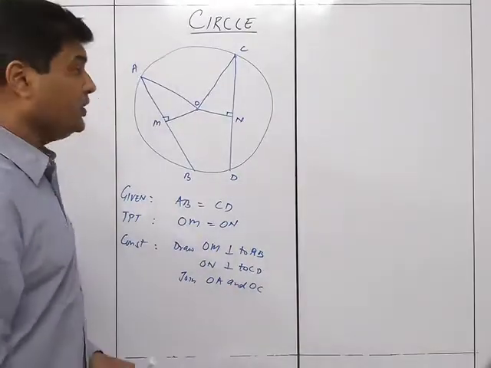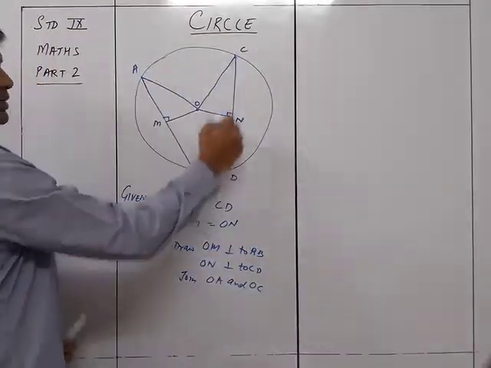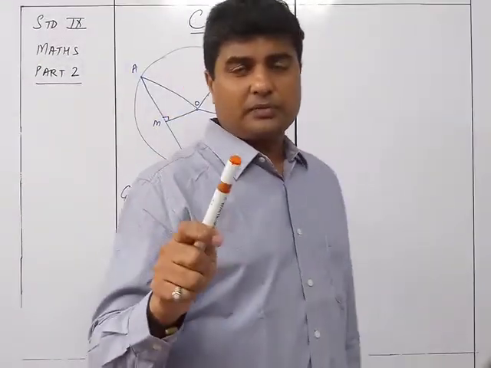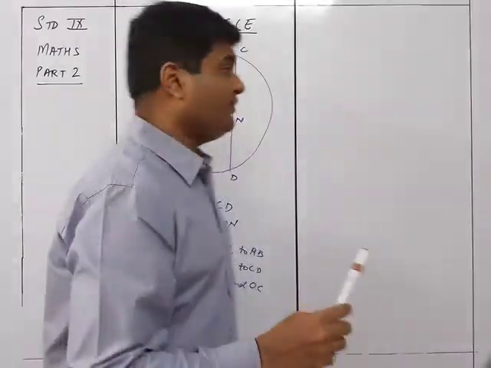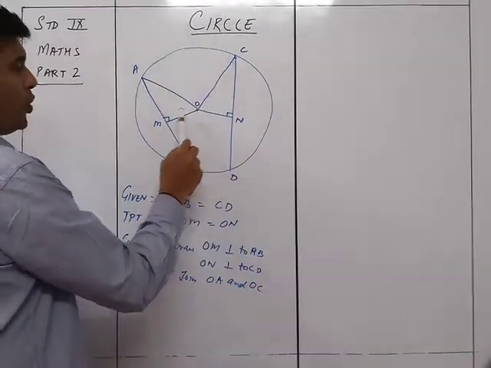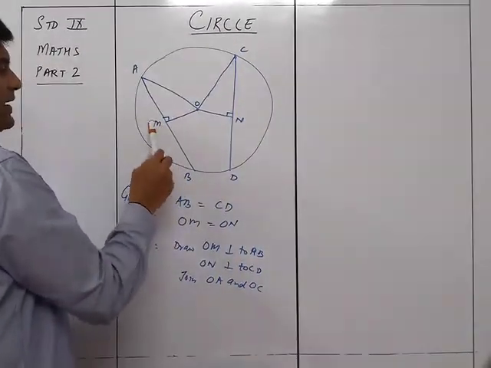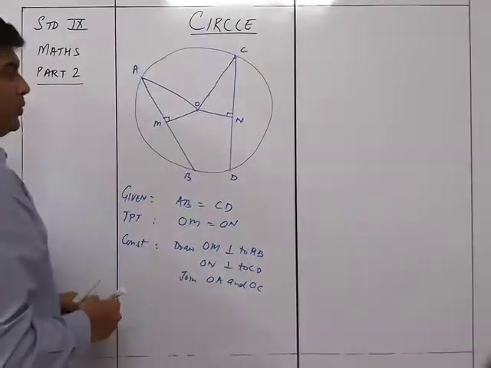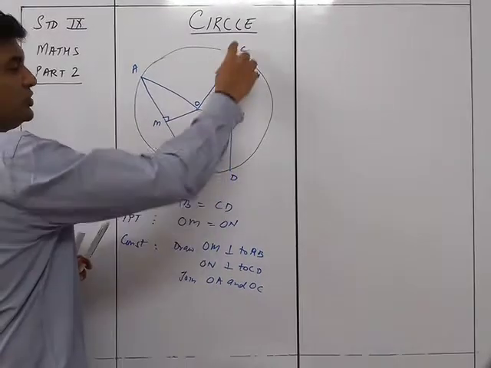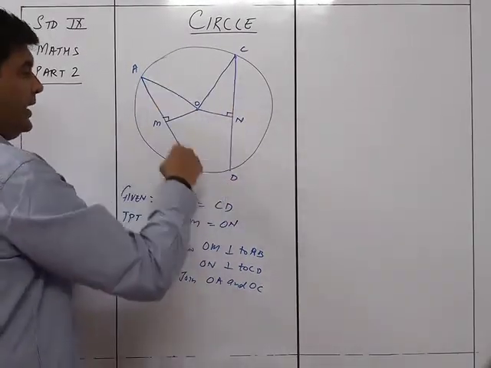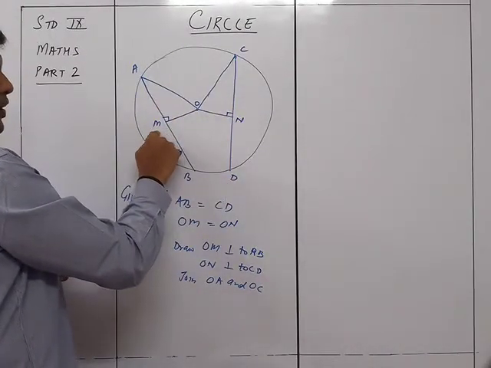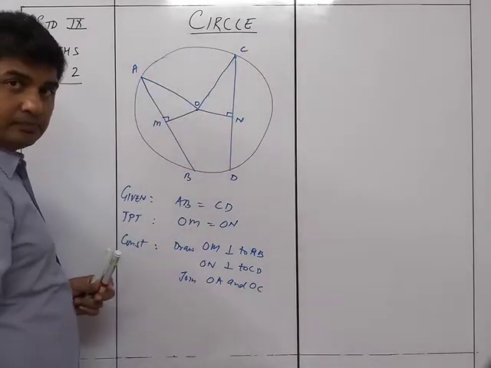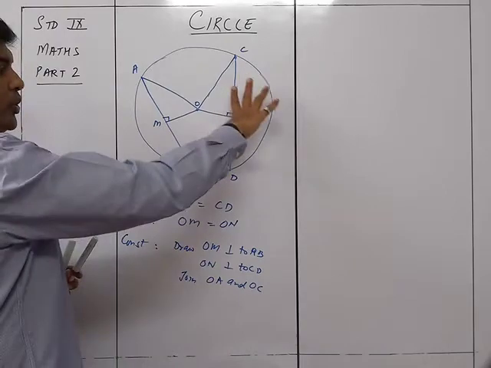What we already know is that AB is equal to CD. Now in the previous theorem, we proved that if I drop a perpendicular from O to AB, automatically AM will be equal to MB. So AB is equal to CD, M is the midpoint and here N is the midpoint, so automatically AM will be equal to CN, because half AB will be equal to half CD.